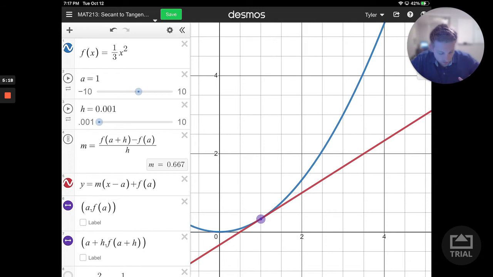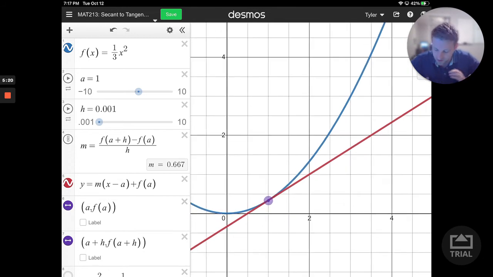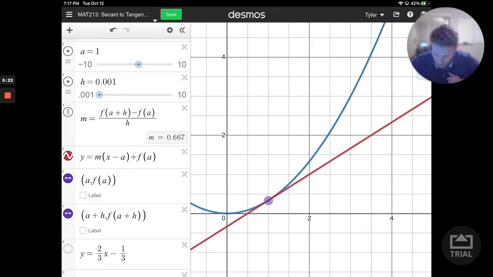And so if I can put the actual tangent line up there on the graph, this will go over the graph that we have. That green line that has just appeared here is the tangent line.